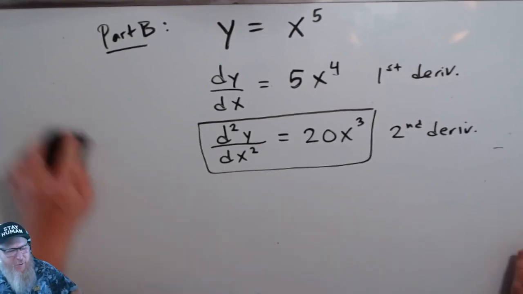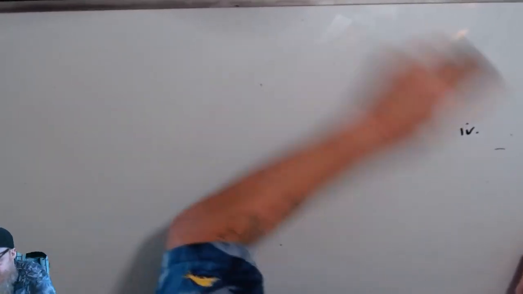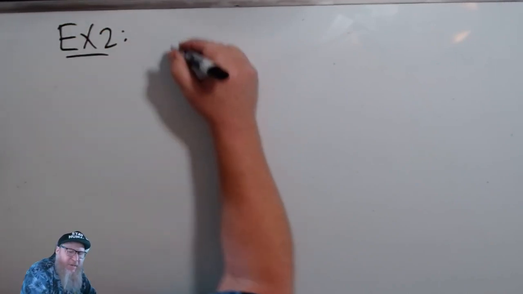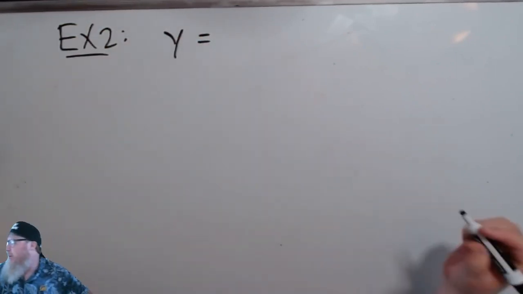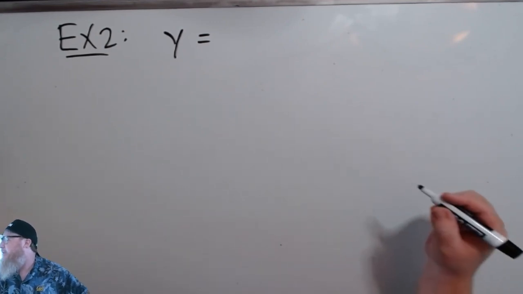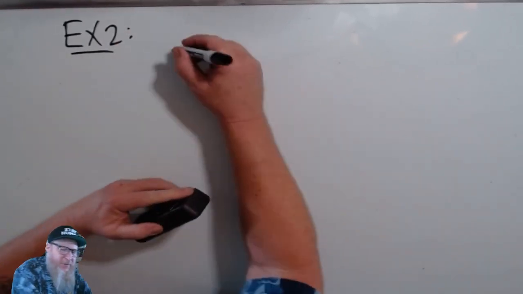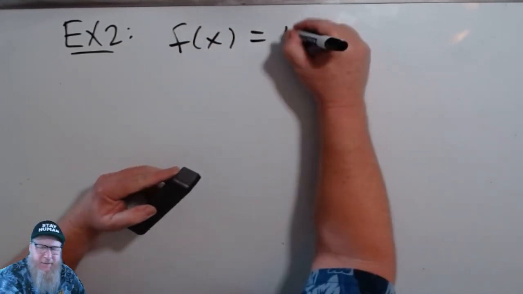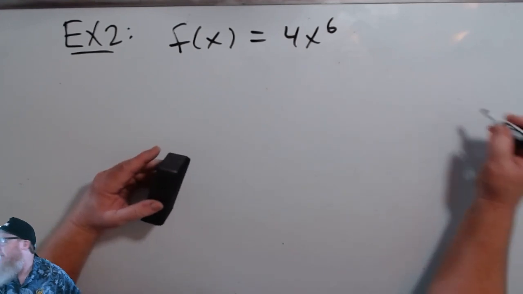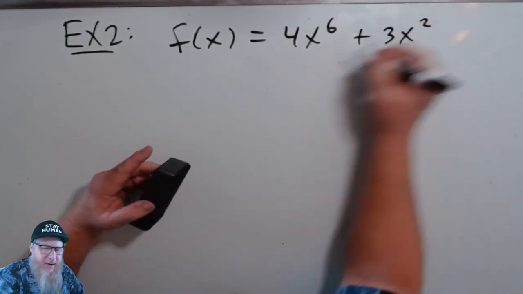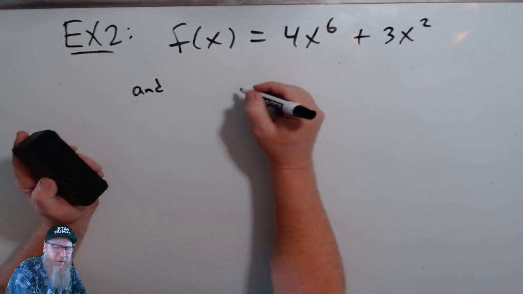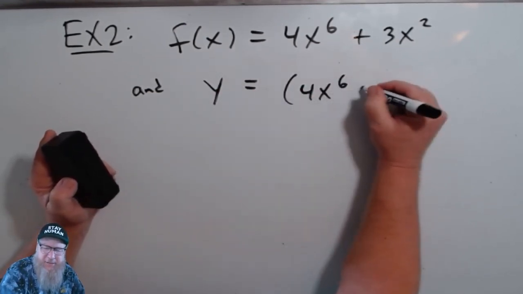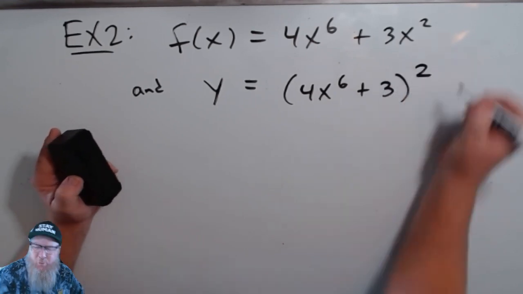Let's do some more interesting examples. So suppose we have f equals 4x to the 6th plus 3x squared, and y equals 4x to the 6th plus 3 squared.